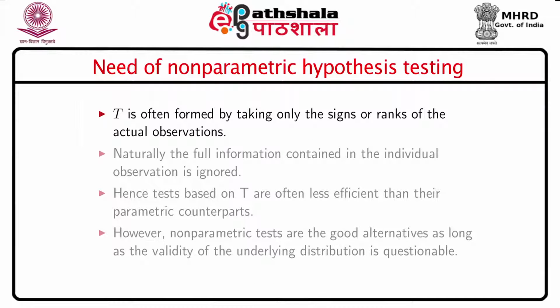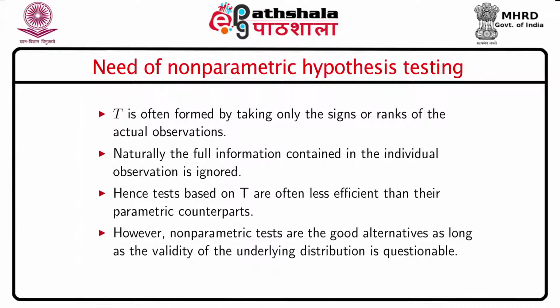T is often formed by taking only the signs or ranks of the actual observations. Naturally, the full information contained in the individual observations is ignored. Hence, tests based on T are often less efficient than their parametric counterparts. However, non-parametric tests are good alternatives as long as the validity of the underlying distribution is questionable.